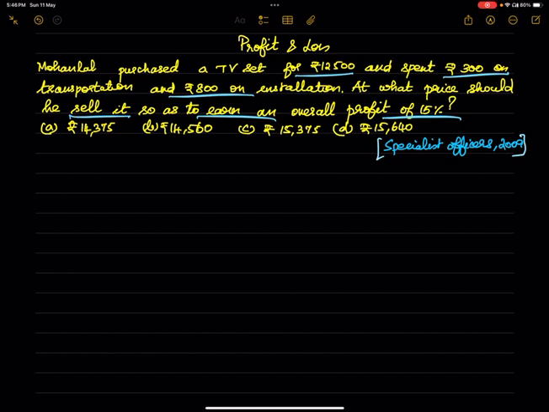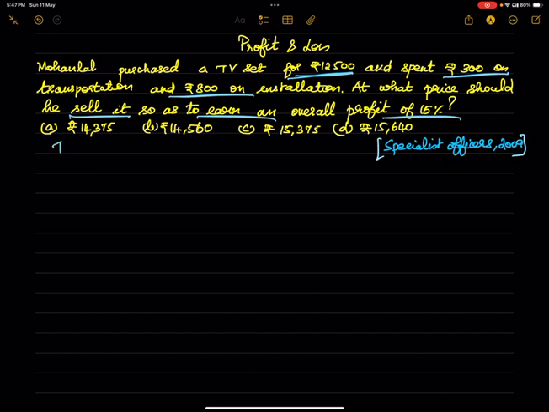CP of the TV set is 12,500, but he is spending more money, no? So we have to add the transportation money and installation money with the cost price. The total CP only we have to consider and do the calculation. Then only we will get the correct selling price because he is spending his money extra for the TV.